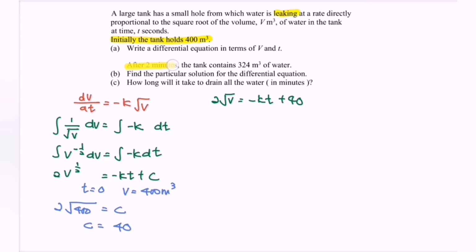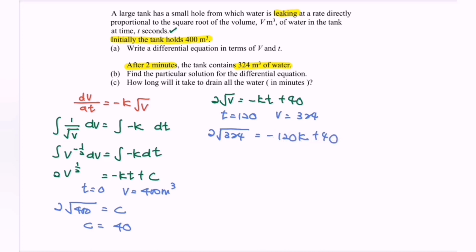Next is to find negative kt. After 2 minutes, the tank contains 324 meter cube of water. So kindly refer to the question, and we notice that we have to express the time in seconds. So for this case, the time is 2 minutes, so t is equal to 120, and V is equal to 324. So kindly substitute. So we have 2 multiplied with the square root of 324 equals negative 120k plus 40.